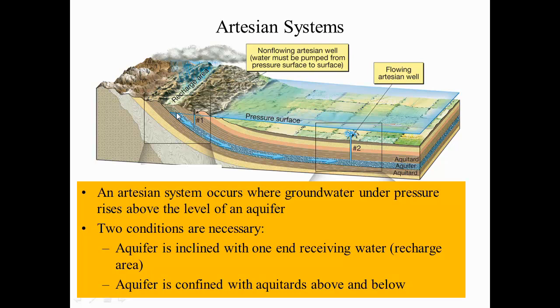Now, the actual pressure surface is defined within the recharge area to the left, where it corresponds with the water table, in other words, the boundary between the unsaturated and saturated zone. From there, we can extend that pressure surface towards the right, as shown in that hypothetical plane in the upper diagram.